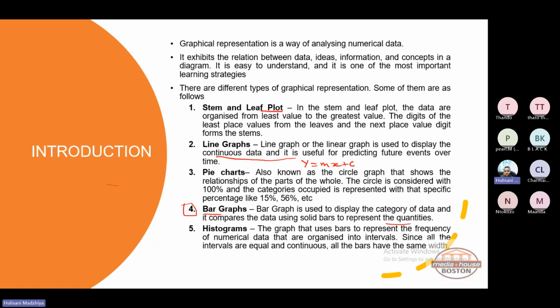A frequency can be in the form of, say, 92.2 to 99.9%. So our data will not be stable. Therefore we use the histogram for continuous data and the bar graph for discrete data. The two cannot be used on the other type of data. So you'll have to first identify which type of data you're dealing with, and then identify which one best fits it, either the bar graph or the histogram.